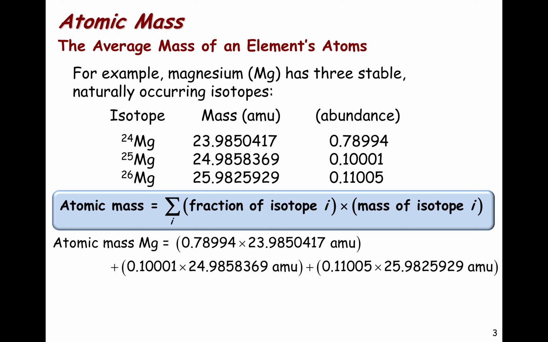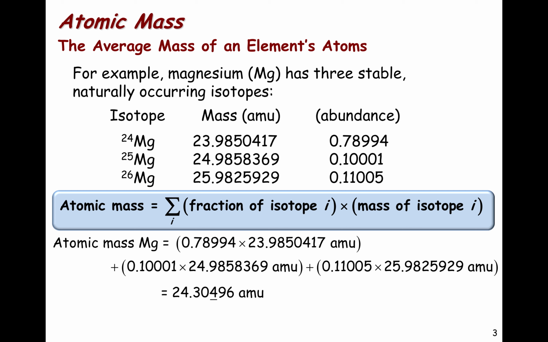If you do the math and sum that all together, you come up with a number 24.30496. The significant digits, when we look back at our calculations, sig figs are limited by the number of sig figs in the abundance, and so there should be 5 sig figs in our answer.